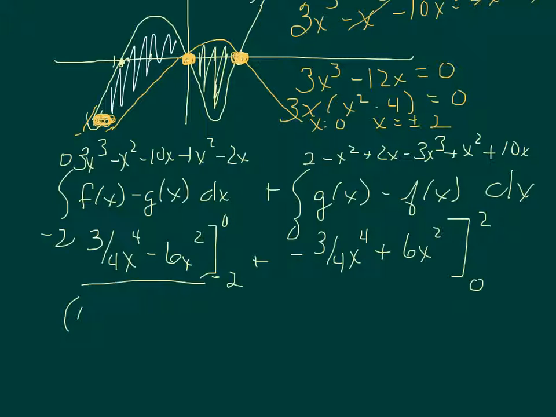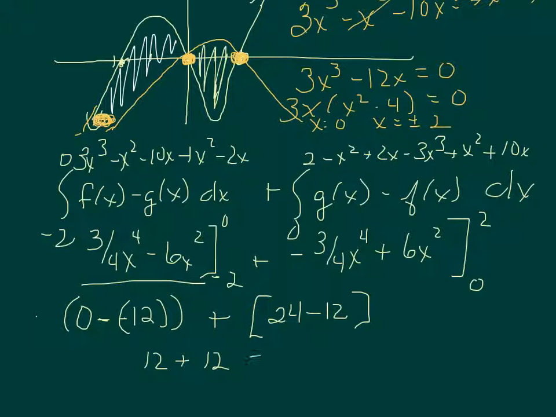So don't forget, it's 0 minus, and you get a 12 here, so you get minus 12 plus 24. You get that negative 12. And I think this is 24 minus 12. So 12 plus 12 is 24.